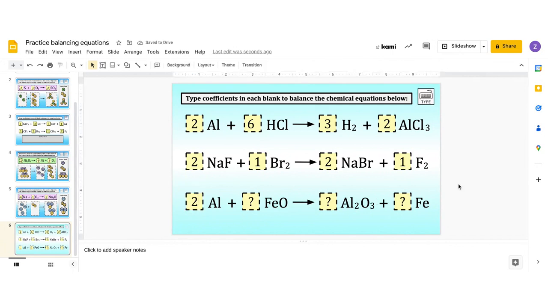Okay, now the Al is correct, but now we have the O is a 3, so we have to fix that on the FeO. So what are we going to put in front of the FeO to make that oxygen 3 on the FeO side? 3. Yep.